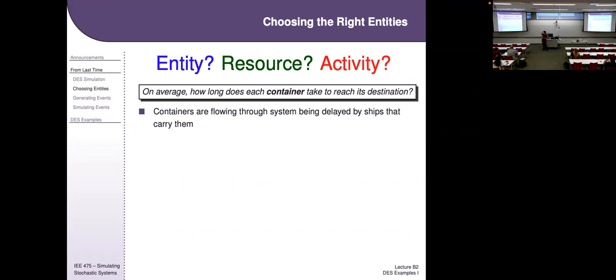And then we could also ask, how long does a container use a ship? Well, that depends on what we're modeling. If we're modeling a whole transit route, that might be the entire time after the container hits the ship that it travels, until it's finally unloaded, and then that ship becomes available for another container to be loaded on it. So it depends on what we're modeling here.